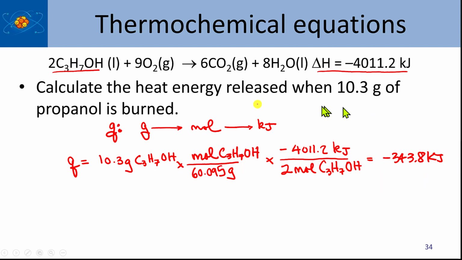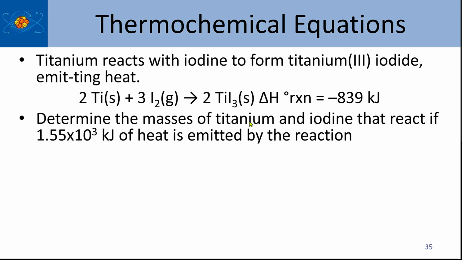So again, just like a normal stoichiometry problem, when you're given grams of something, you can convert it over to moles of anything, or now you can convert it over to kilojoules of energy. Here's another problem for you to practice on. It says titanium reacts with iodine to form titanium 3 iodide, so that's the reaction here, and balanced, emitting heat, and there shouldn't be a hyphen in there.